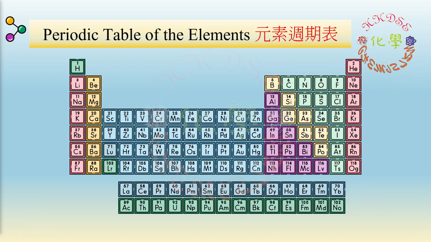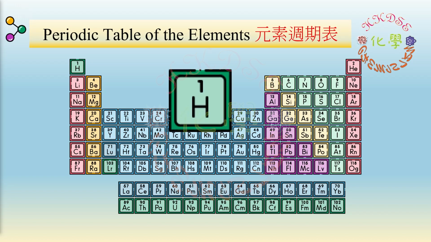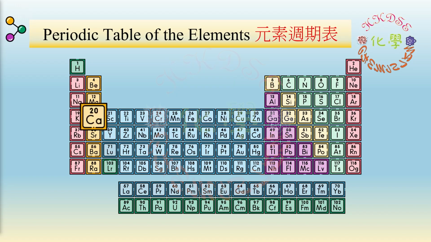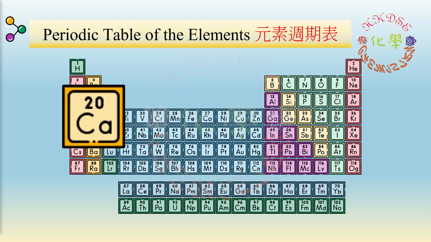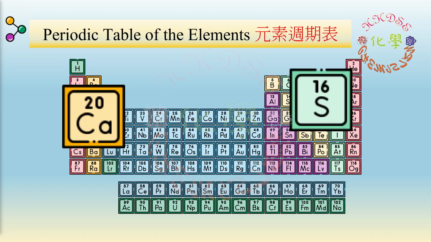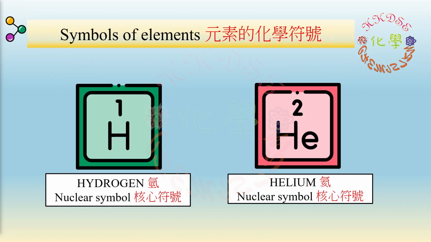This here is the periodic table, and each box in the table represents a different type of atom, which we call an element. So, this box here represents the element calcium, and this one is the element sulfur. We call these boxes nuclear symbols, and they tell us a whole bunch of information about the element.